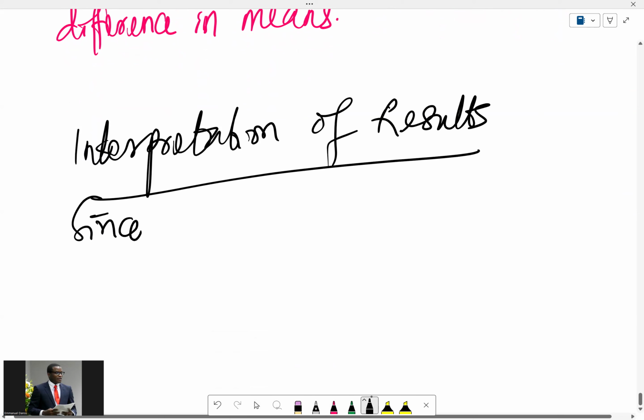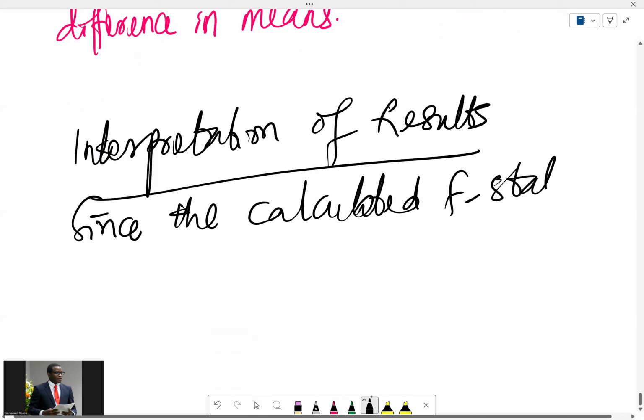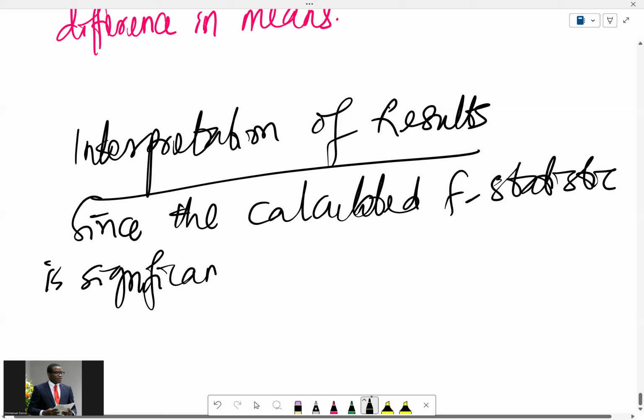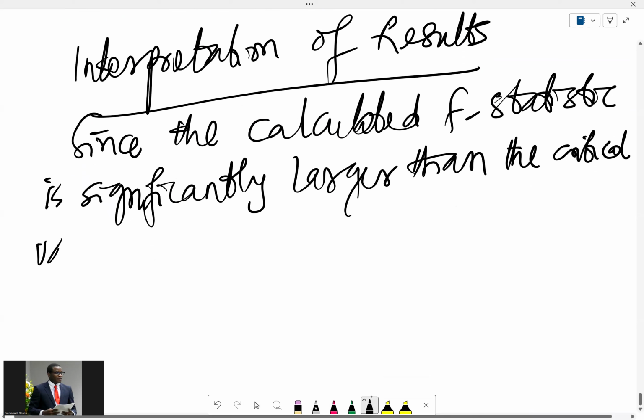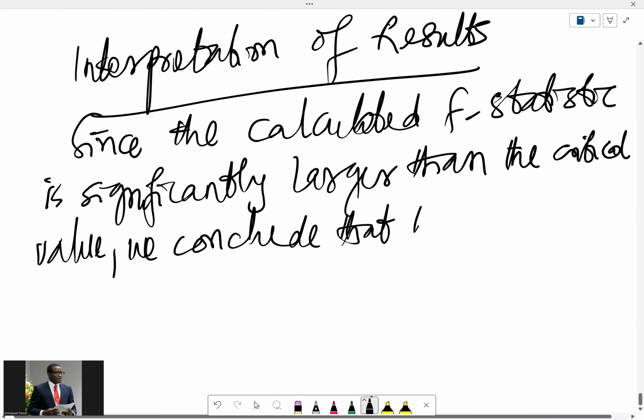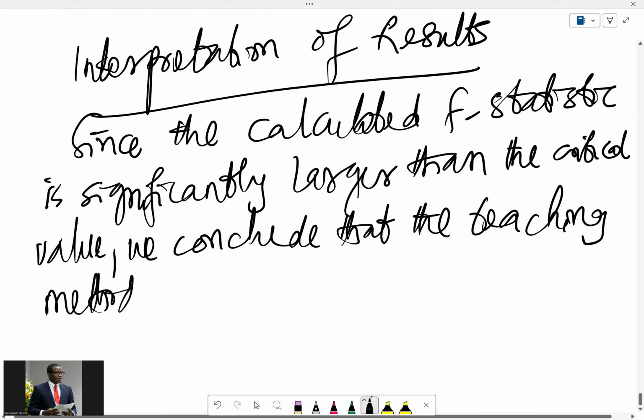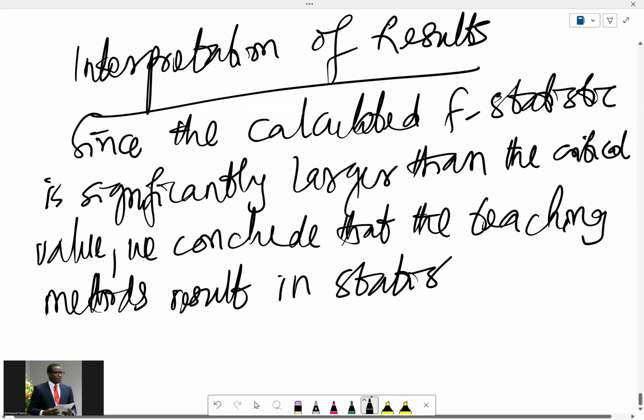Since the calculated F statistic is significantly larger than the critical value, we conclude that the teaching methods result in statistically different scores.